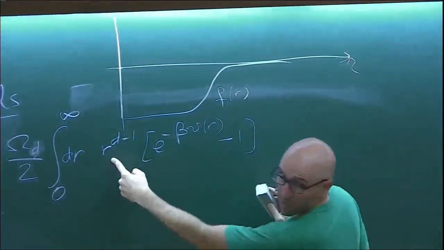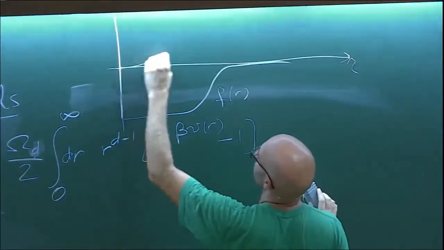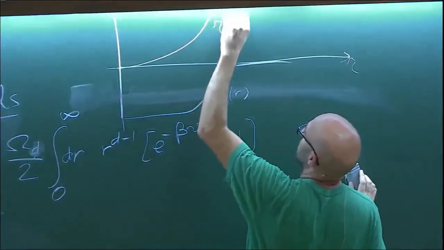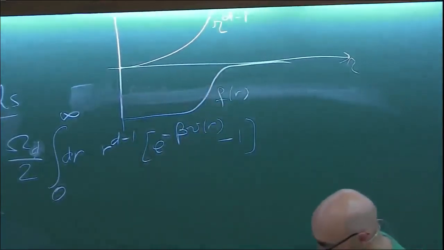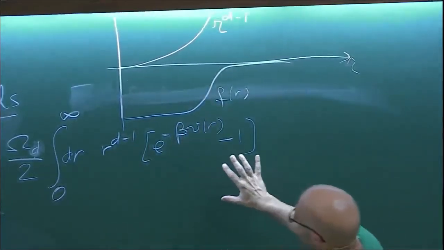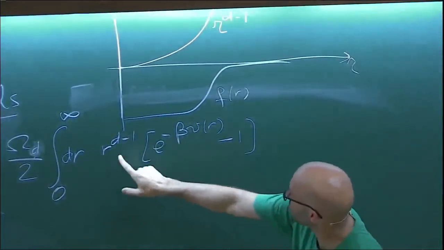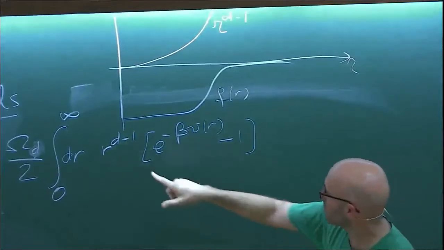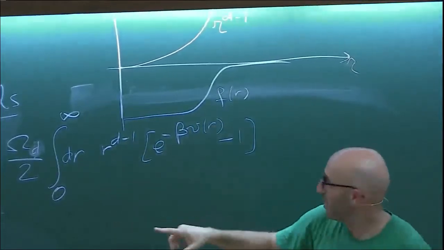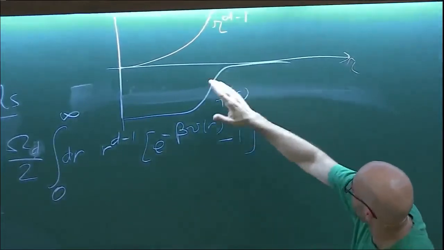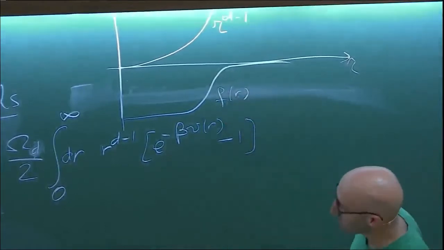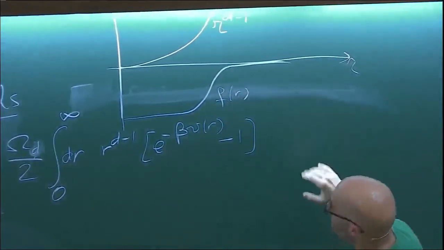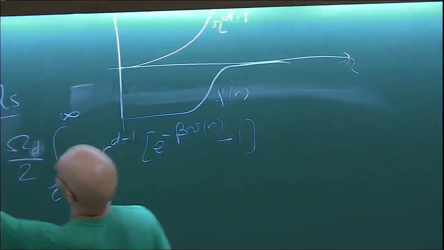And then you have this factor r to the d minus 1, but this is growing exponentially. So in this integral you have a competition between this term that is growing exponentially, so it wants to get contributions from large distances, and the Mayer function, which is cutting large distances.